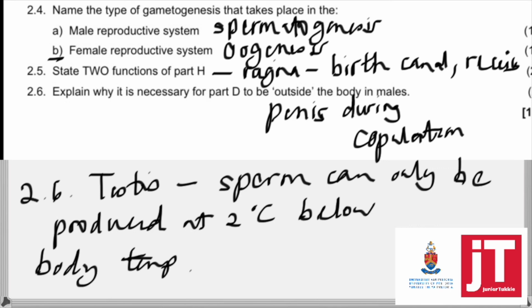Make sure you're always comparing. You must say 2 degrees below body temperature. So normal or healthy sperm to facilitate spermatogenesis. So you can say, normal sperm can only be produced at 2 degrees below body temperature.